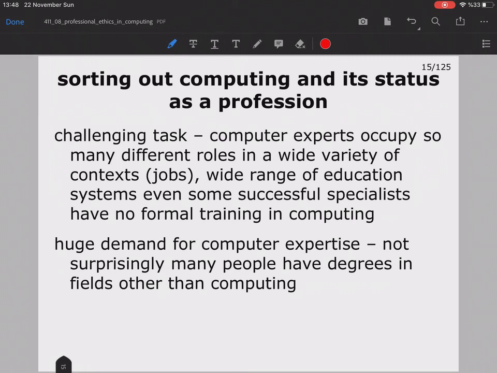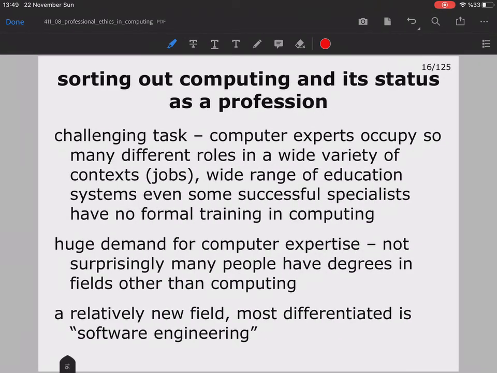The person sitting on our right-hand side could be, for example, an electrical engineer, or our friend at the table on your left-hand side could be, I don't know, maybe a geology engineer or something who has a master's in computing. It's pretty common.